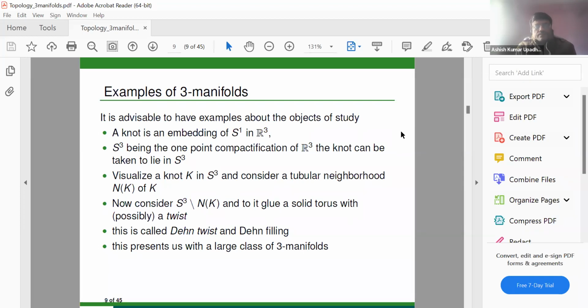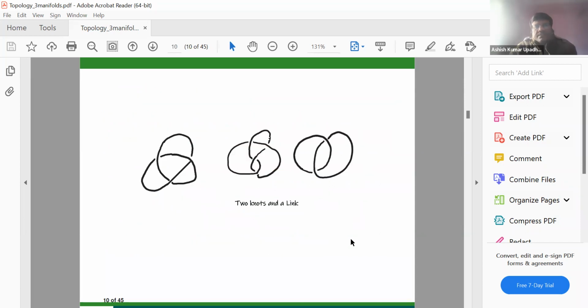So actually what is being done is, consider a knot. Let me show you some. Look at this. The left hand side and the middle of this figure are knots. Let us consider these knots to lie in a sphere of dimension 3, or you can consider them to lie in R3. Consider a tubular neighborhood.